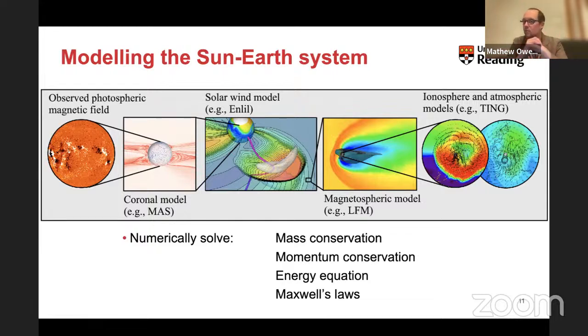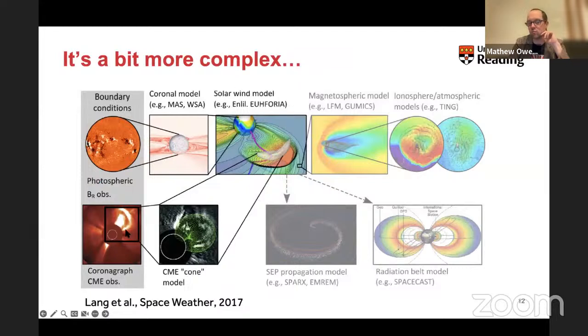This system, though, won't get you any coronal mass ejections. The coronal models don't naturally produce eruptions, and so you have to somehow stick your coronal mass ejections in artificially. So this is the real way that operational forecasting is done: you have photospheric magnetic field observations and coronal models that give you the background solar wind.